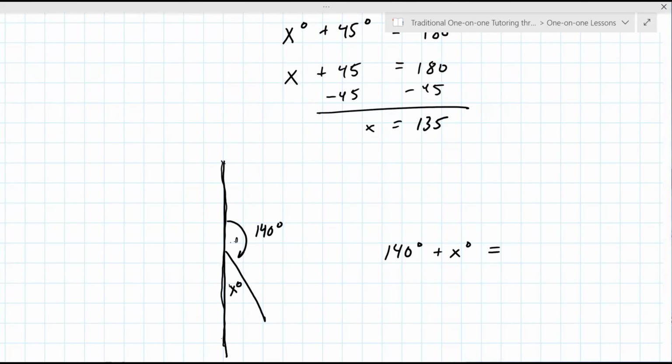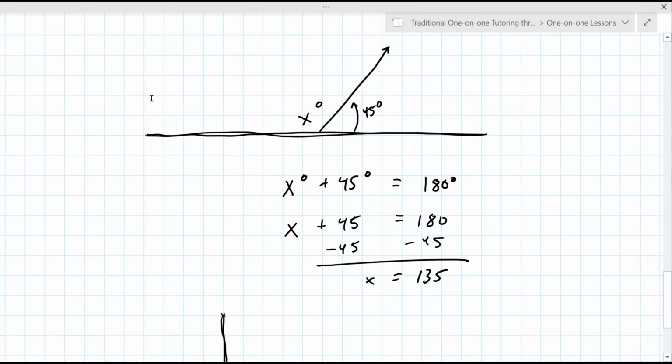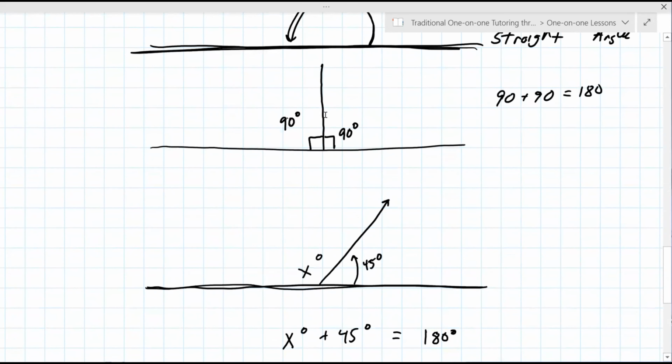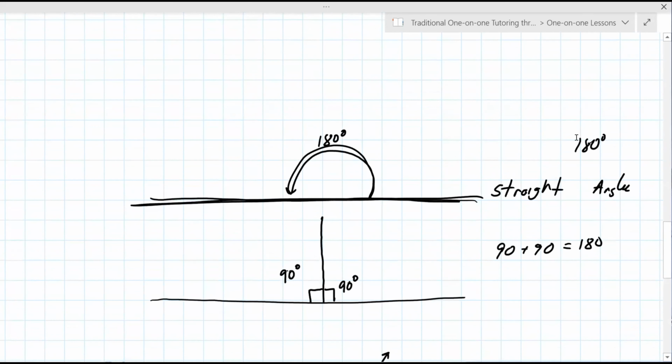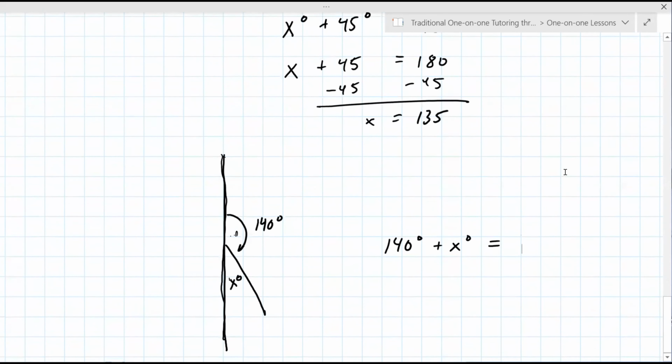Okay, let's go back to the previous problem. What did X and 45 degrees add up to? 180. How about in the problem before that? What do 90 and 90 add up to? 180. So a straight angle is how many degrees? 180 degrees. Okay, can you solve this for X, please?